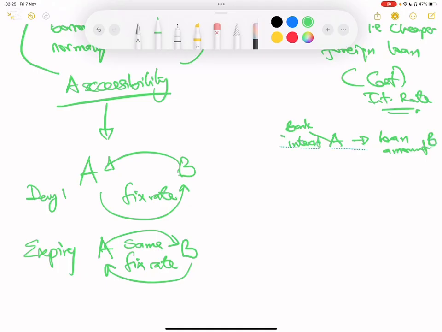However, B will have to refund A of that interest. And the same thing A will be doing for B, B will do for A. So B will also help A to borrow money in his own currency. B will be servicing the interest in his country. However, A will have to refund that money back to B. So they are helping each other.